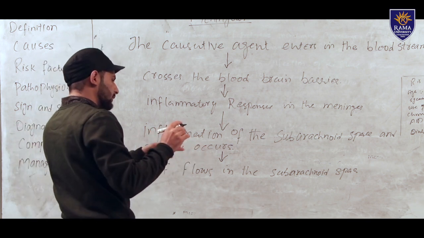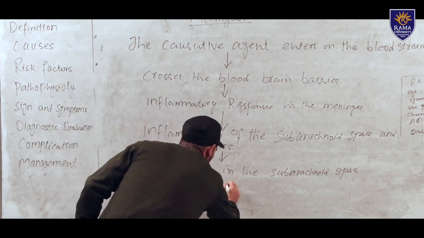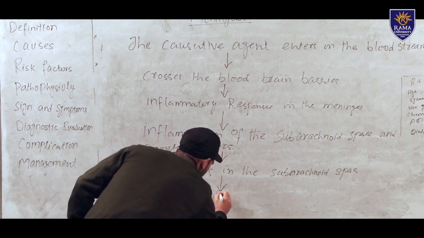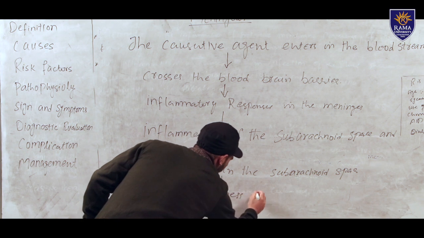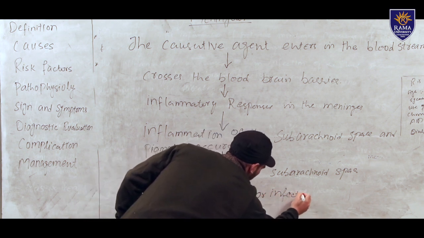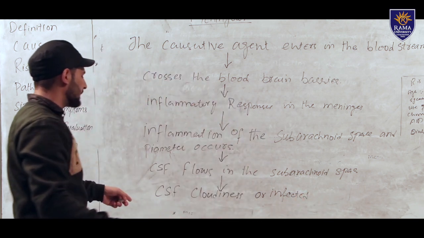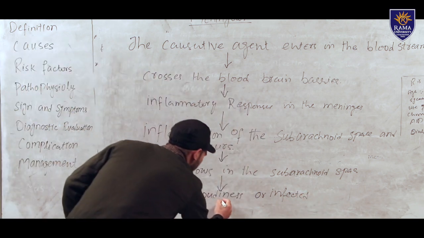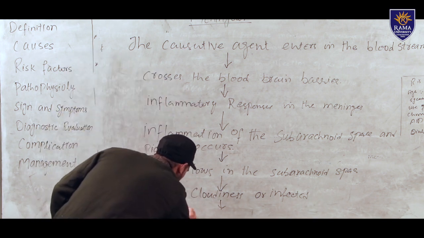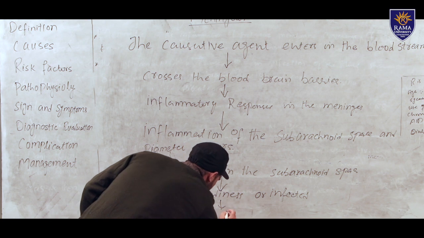When the CSF flows in the subarachnoid space, the CSF becomes cloudy and infected. After that, the CSF cell count increases.